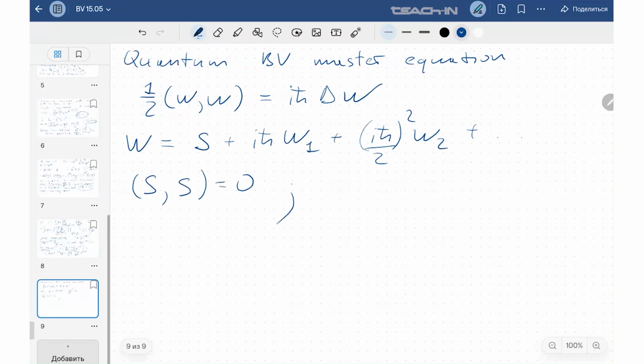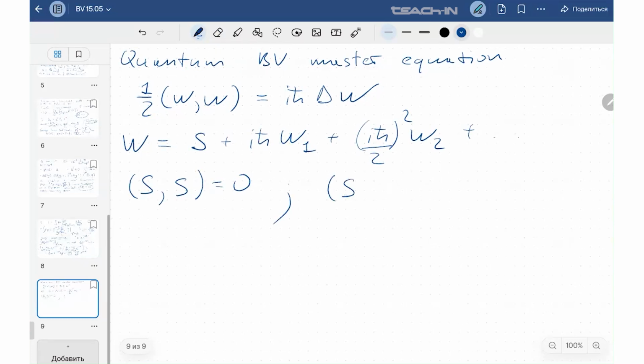And at the next step we get S W1 equals 0.